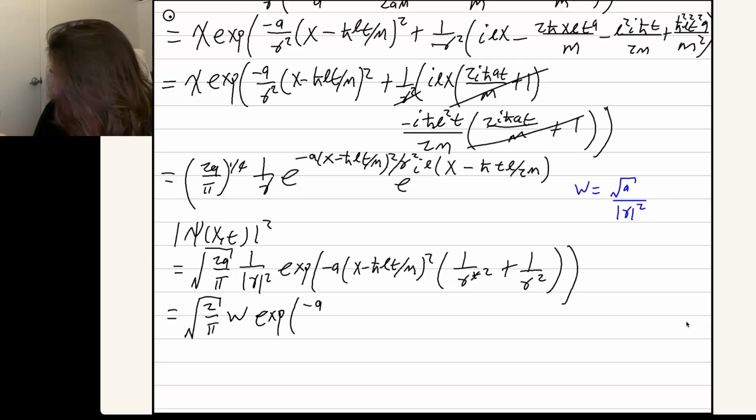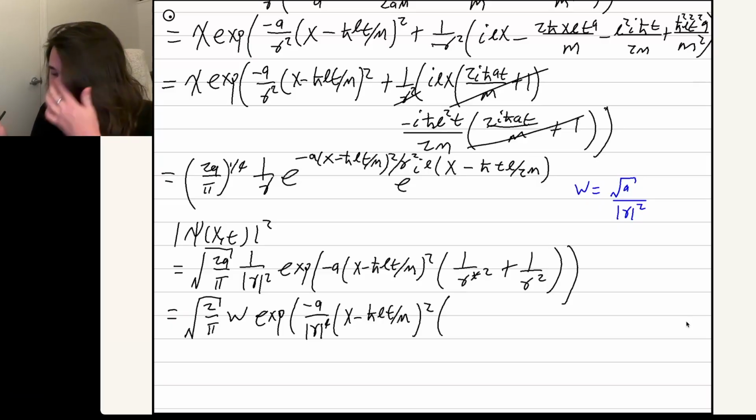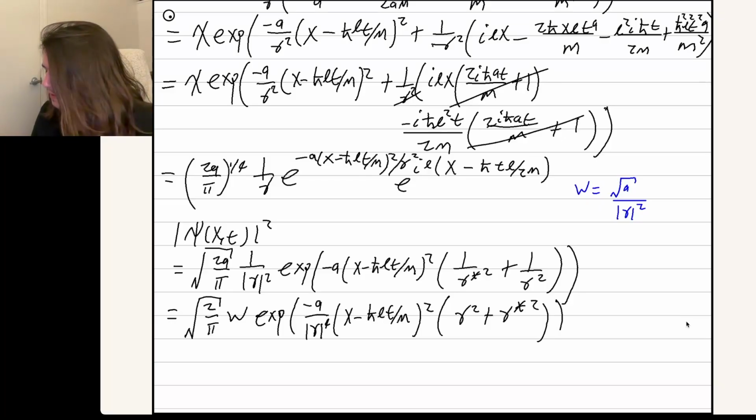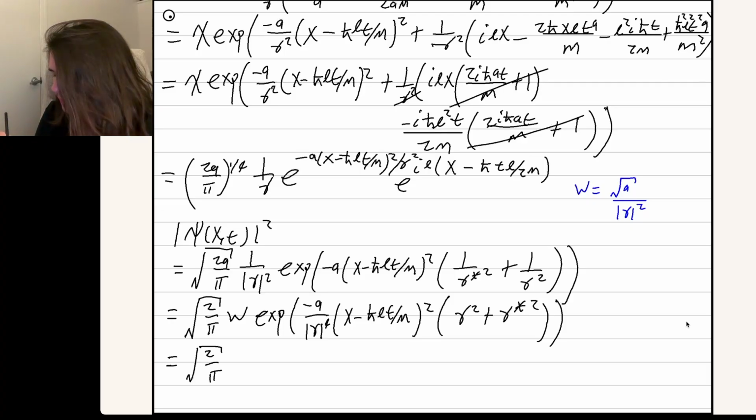We'll have a minus a over mod gamma to the 4th in there to simplify this stupid looking fraction. So we'll have just gamma squared plus gamma star squared, and we can expand the definitions of gamma and gamma star.